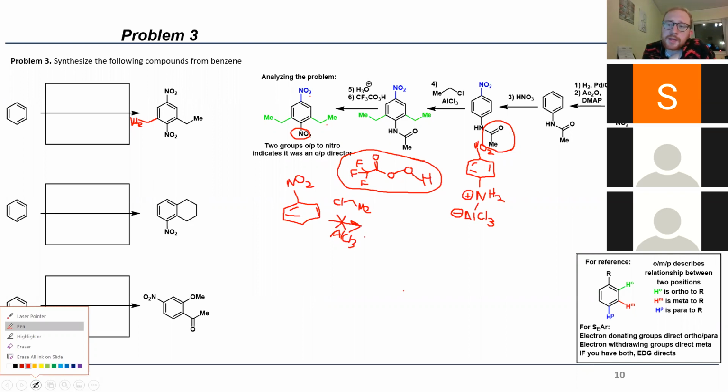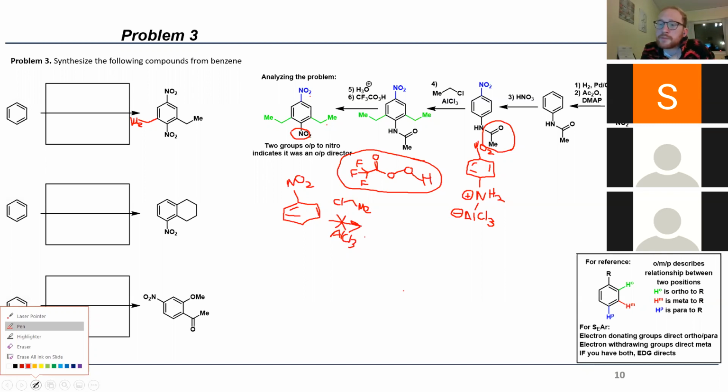Once again, the issue with that is you would have an electron deficient aromatic ring, and electron deficient aromatic rings are poor for doing Friedel-Crafts alkylation. It turns out that in Friedel-Crafts alkylation, the electrophile you're generating is not super electrophilic. It's quite electrophilic, but not electrophilic enough to react with electron poor aromatic rings.